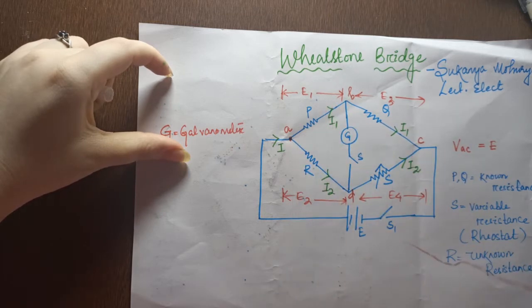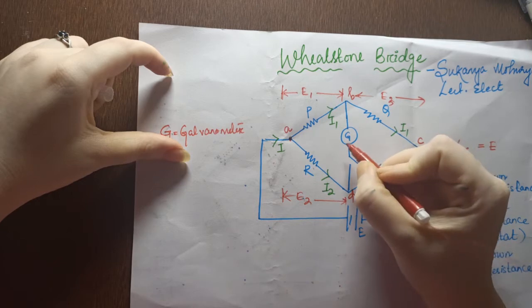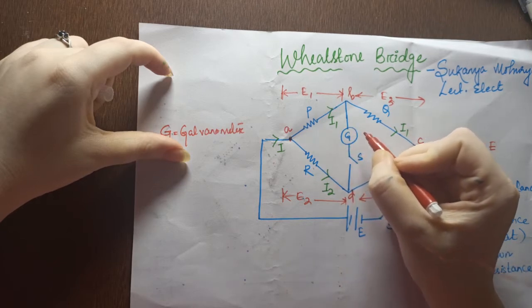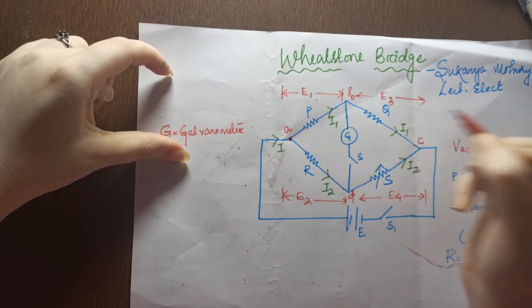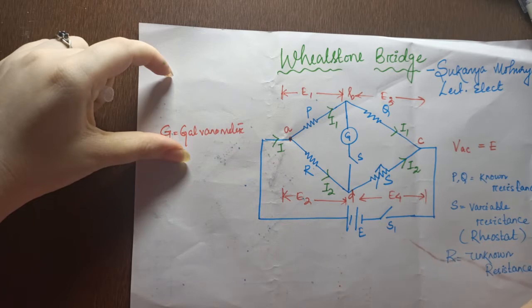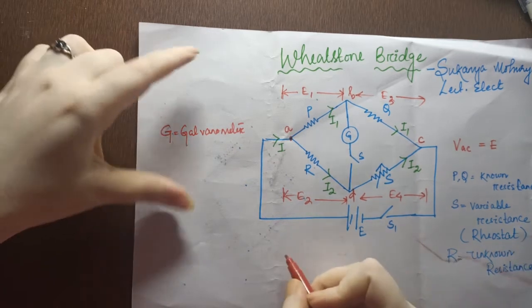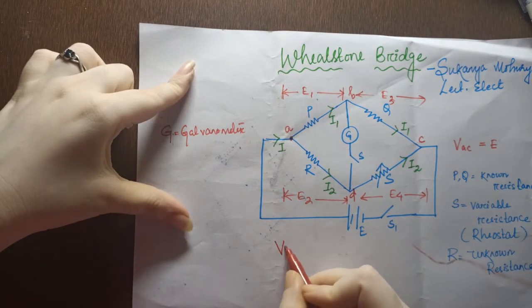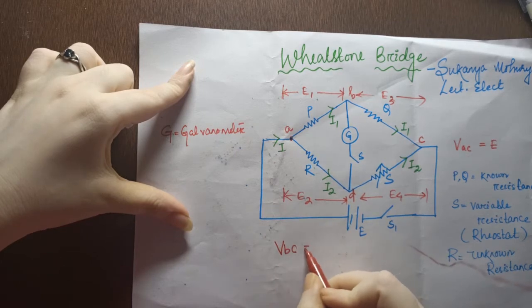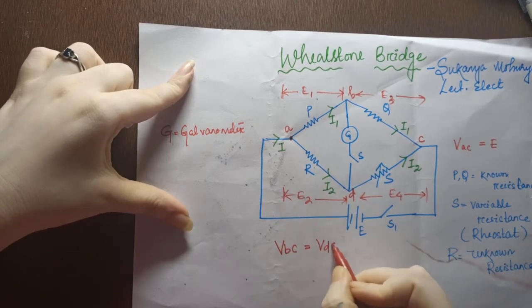So there will be a condition where the galvanometer will show null deflection, and the null deflection is indicating that VBC is equal to VDC.